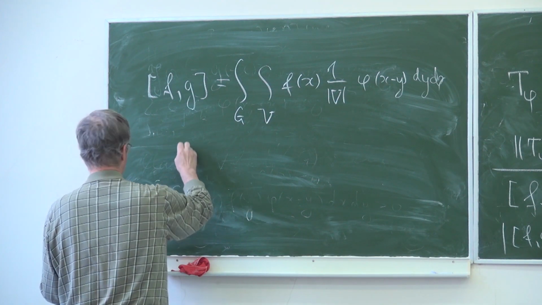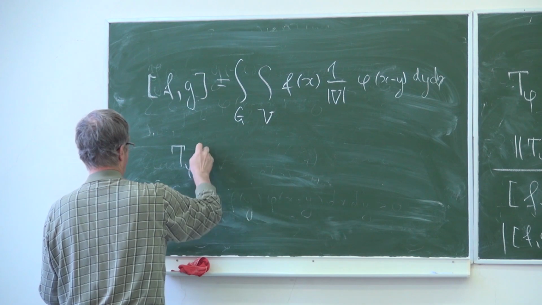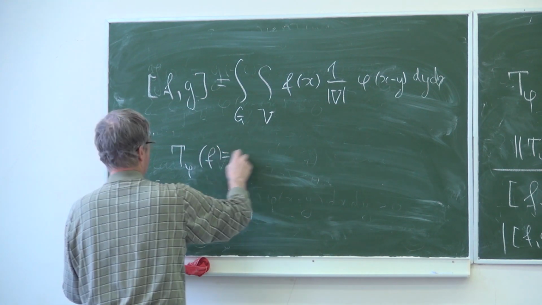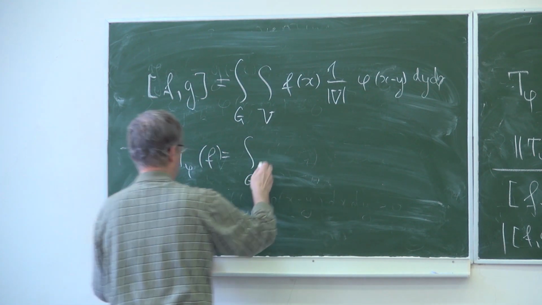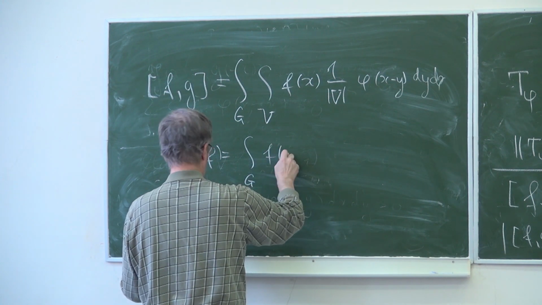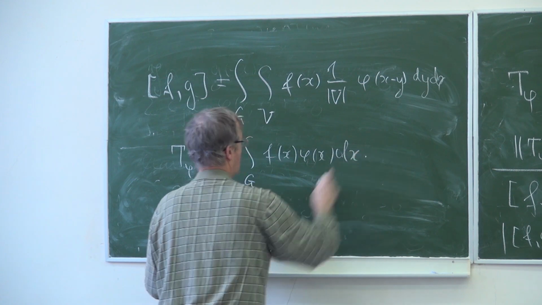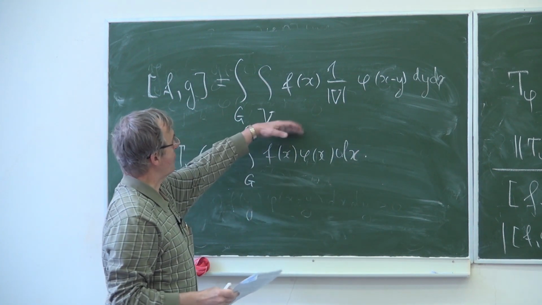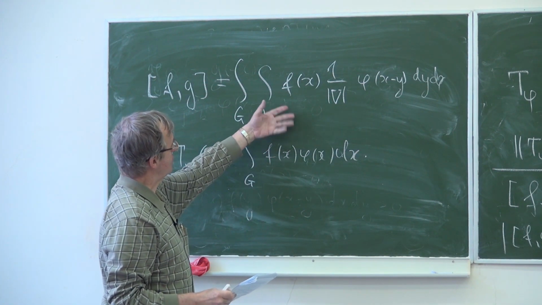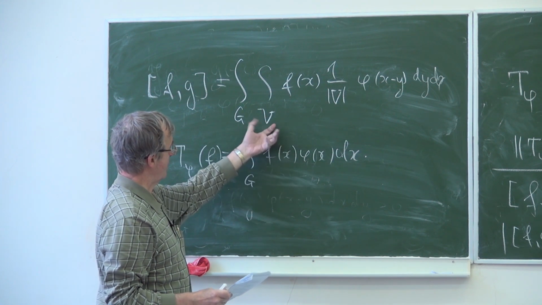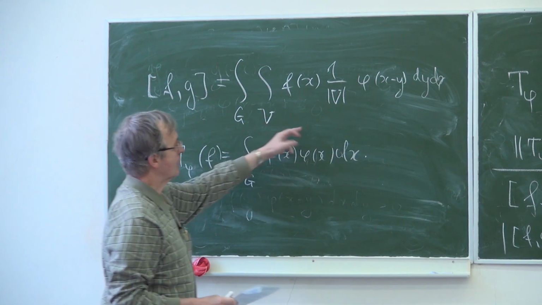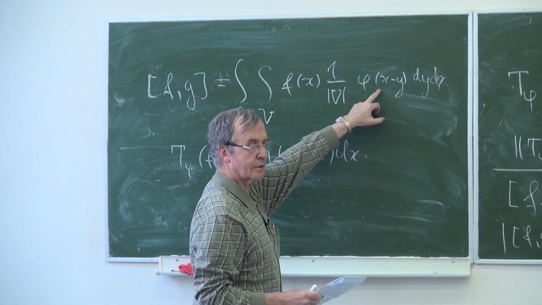I remind you that T phi of f is equal to the integral over G of f of x phi of x dx. I claim that these two quantities are very close to each other when this neighborhood is small, because this function is uniformly continuous.